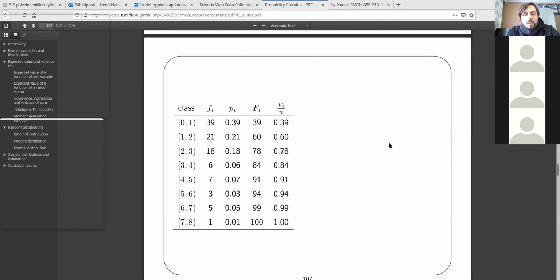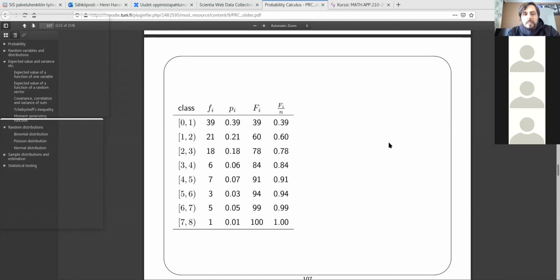Cumulative distributions can be obtained from here. Obviously, this can be thought of as an assessment of probabilities. These are not the same as probabilities, but under the frequentist approach, we can think that we get an estimate that the probability that the component breaks down during the first year is about 39%.